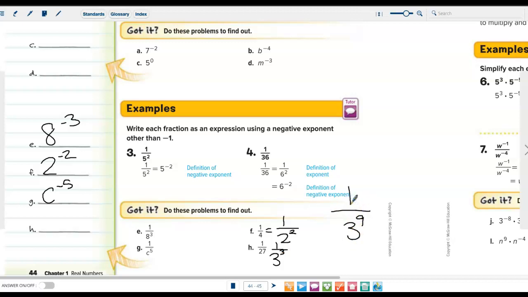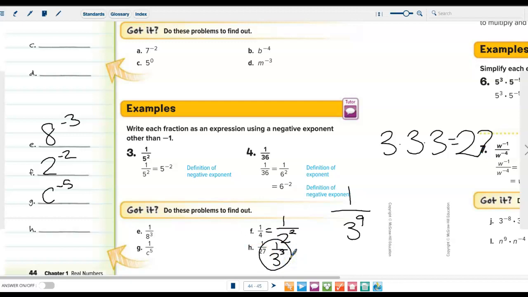If you type 3 to the 9th power in your calculator, it's a big number, 19,683, so that does not work. Okay? 27 is 3 times 3 times 3, which means 3 to the third power.